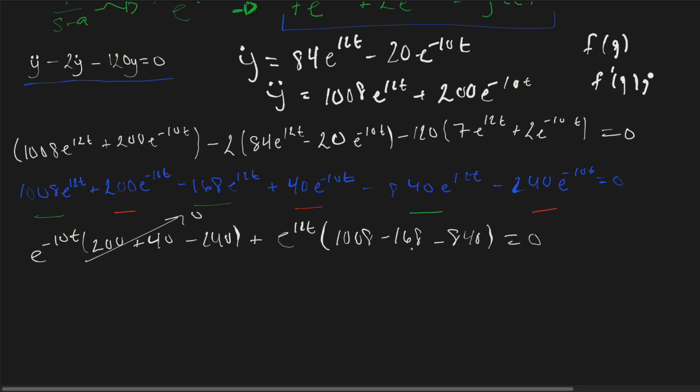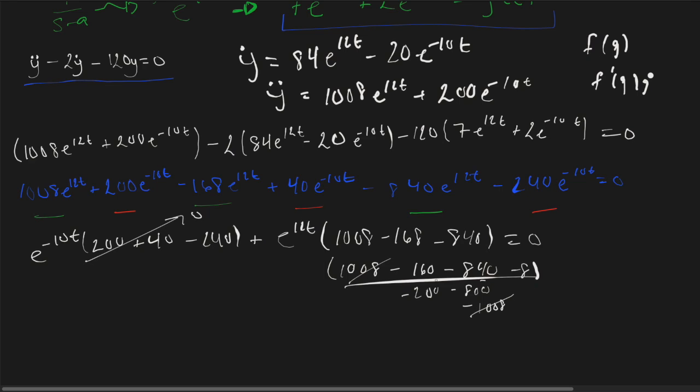But we see if we can say 1008 minus 168 minus 840. So we know right here that this is going to be 0, since 200 plus 40 minus 240 is zero. Like 1008 minus 168 is 840, and 840 minus 840 cancels out.